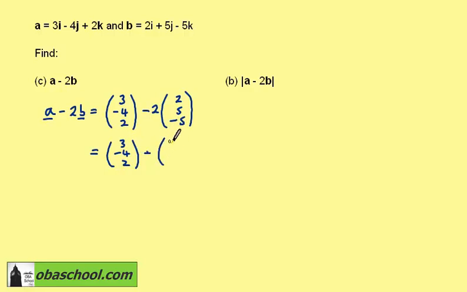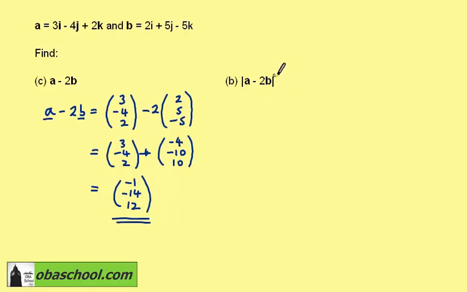So we have plus (-4, -10, 10). 3 add minus 4 is minus 1. Minus 4 add minus 10 is minus 14, and 2 add 10 is 12.